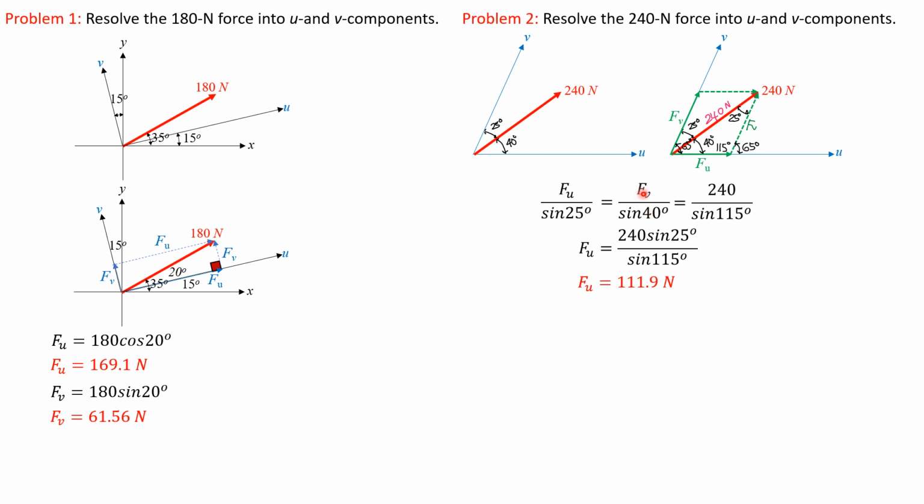While Fv is equal to 240 sine of 40 degrees divided by sine 115 degrees. So Fv is equal to 170.2 newtons. So that's it for problem 2.